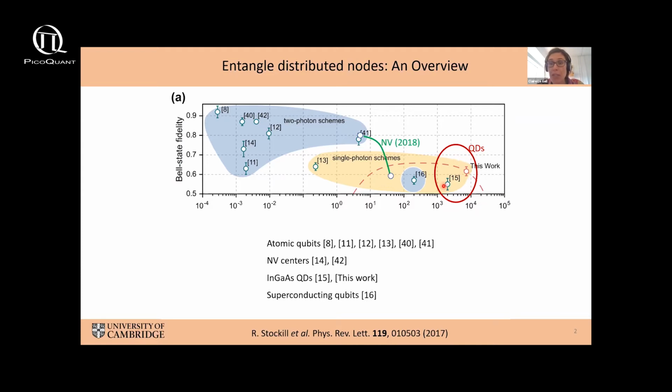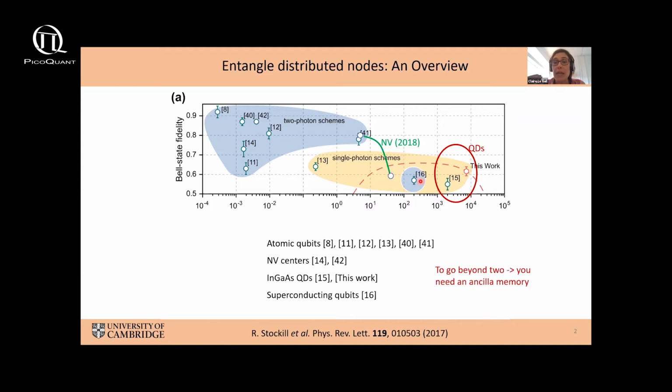So you typically reach entanglement rates in these systems which are on the order of kilohertz, and this can be further improved by integrating the quantum dot in waveguides or in micropillars or open microcavities. And this is really well beyond any other physical system.